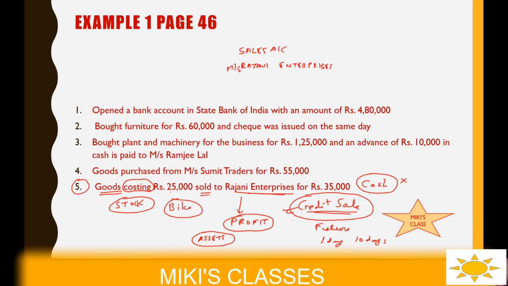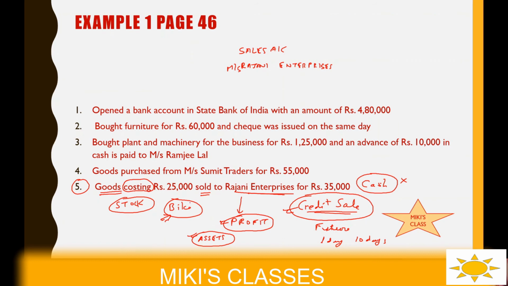Why? Because here we are into the business of buying and selling bikes. We've just taken the example of bikes. So that is our business. This profit which we make is different from the profits which we make when buying and selling assets. And so this profit and loss account will not be used for this particular transaction.